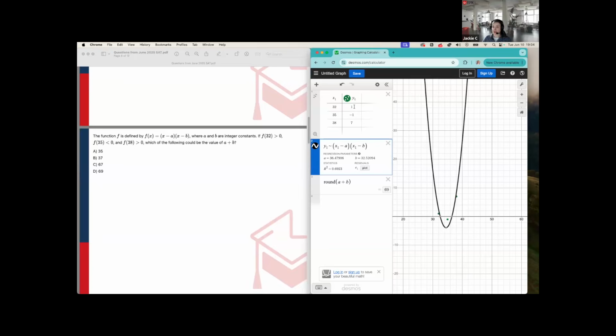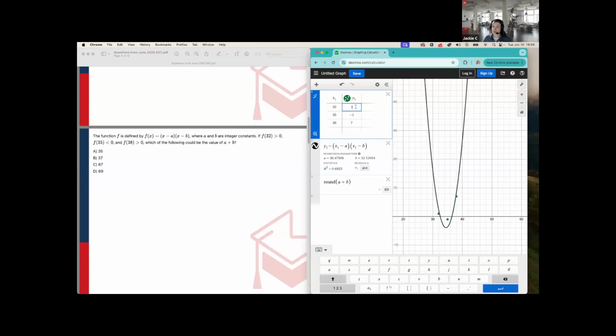Okay. And I could have made the points better and more symmetrical since it's a parabola, but I just wanted to really show that you type in any number that's greater than zero, play around with it, less than zero, greater than zero, and it will give you an output of either 69, 68, or 70. Isn't that so cool and so amazing?